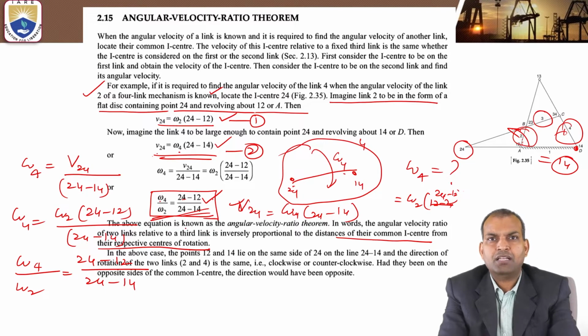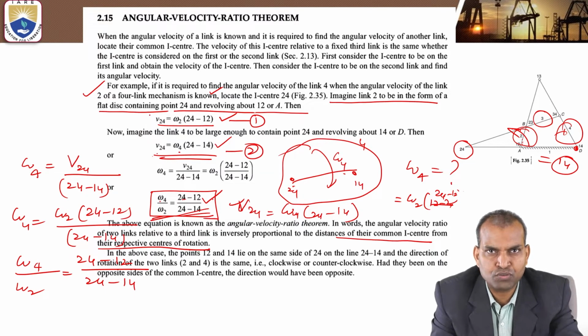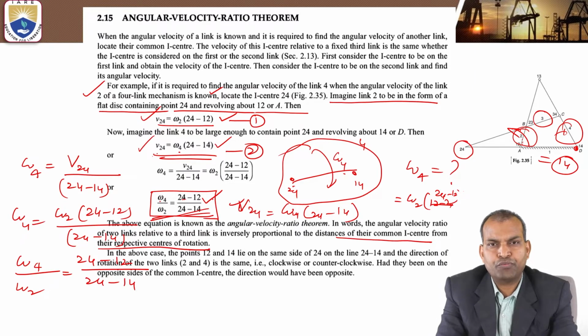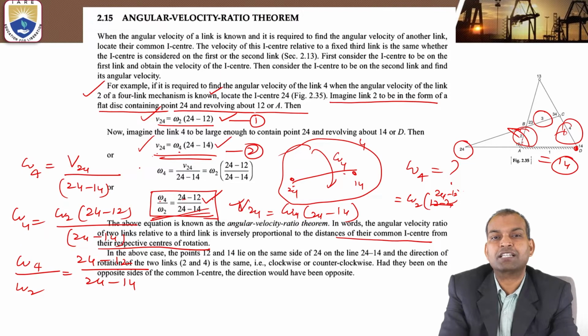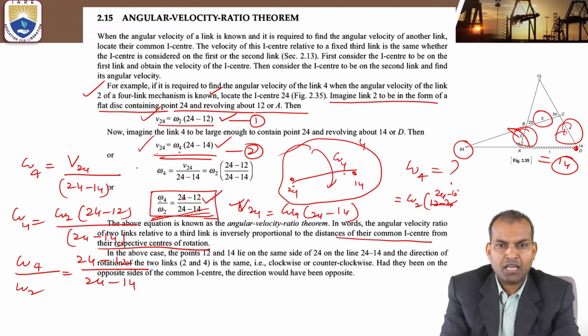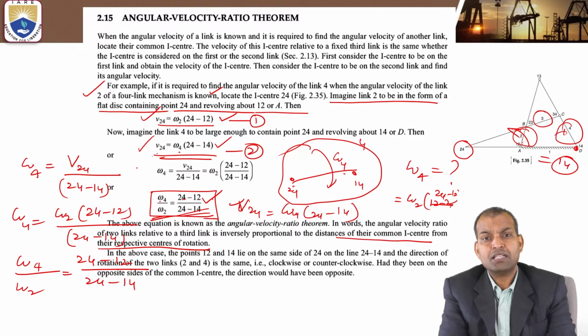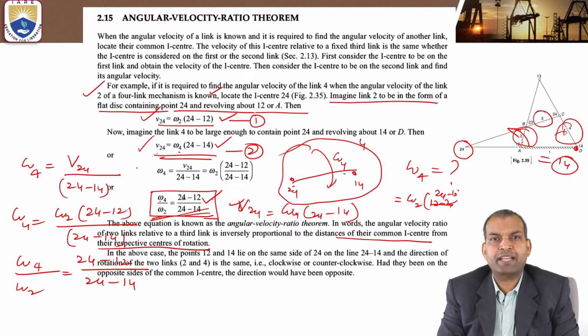That is, V24 equals omega 2 times I24I12, and also V24 equals omega 4 times I24I14. What does this mean? V24 means the linear velocity remains the same about the common instant center of the two links. Links 2 and 4 may have different angular velocities, but about the instant center their linear velocities remain the same. That is the meaning of these equations.